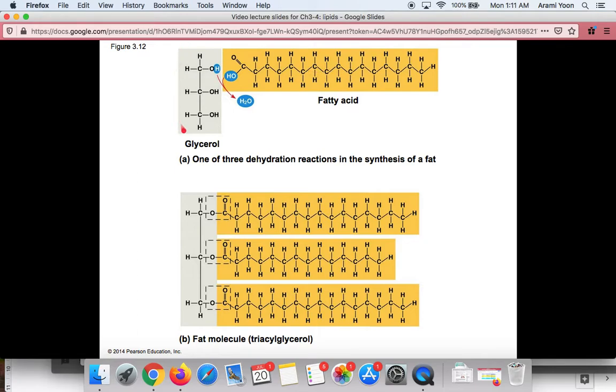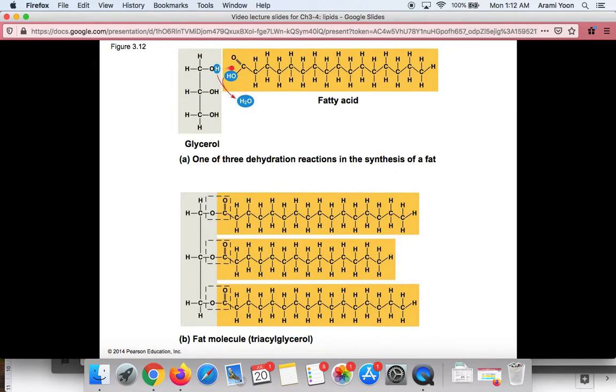Now you have this glycerol molecule over here, and it's got 3 hydroxyls here, here, and here. And remember that a hydroxyl can interact with things like a carboxyl in this case. And what they do is they form a dehydration synthesis reaction to form an ester bond.